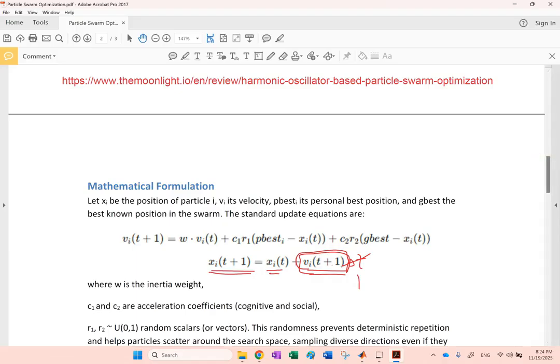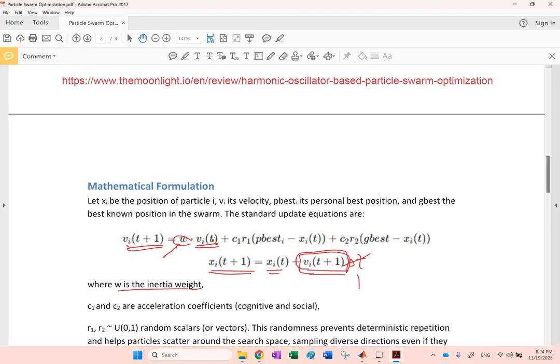Okay, now the question is, how do you determine this velocity? How do you determine how to go from x_t to x_t+1? Well, this velocity, if you look at it at this iteration, comes from three components. The first one is affected by how much it moved in the previous iteration, by the previous velocity. It is going to be a component times that, and this W is what we call the inertia weight, or momentum.